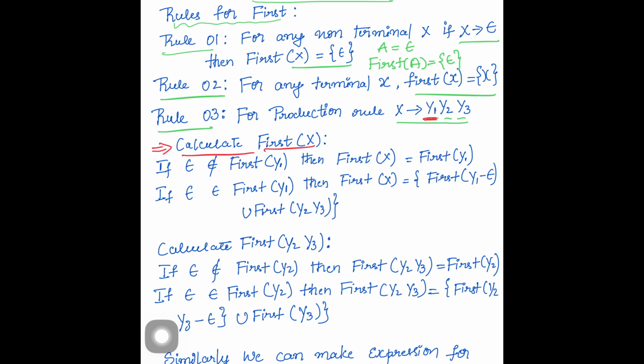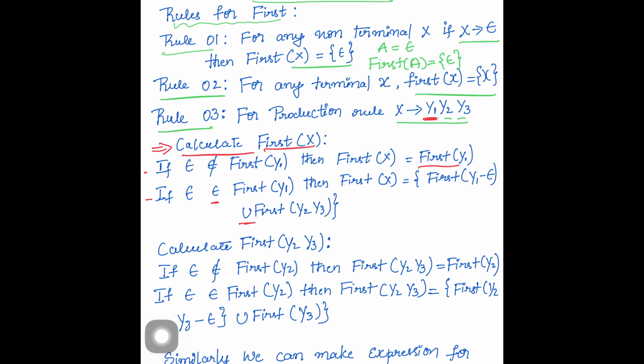So we take only first of Y1 and we can stop. In case 2, if Y1 can produce epsilon, it may disappear. So we remove the epsilon temporarily and move to the next symbol, that is Y2. Then we combine both first sets.